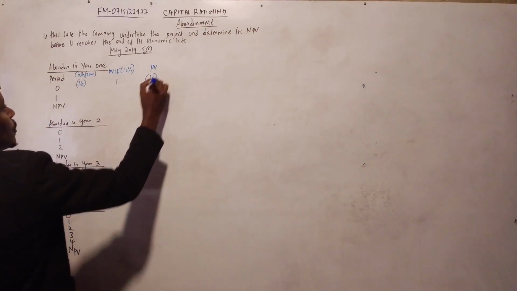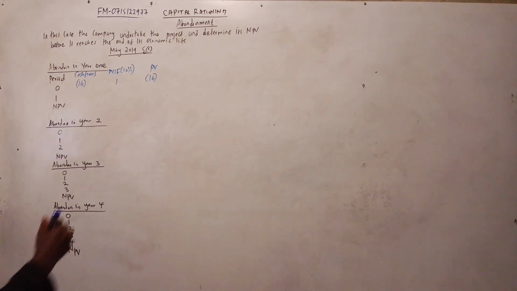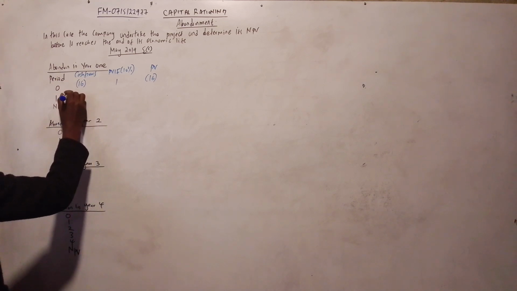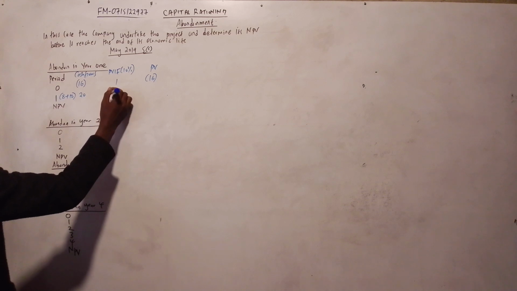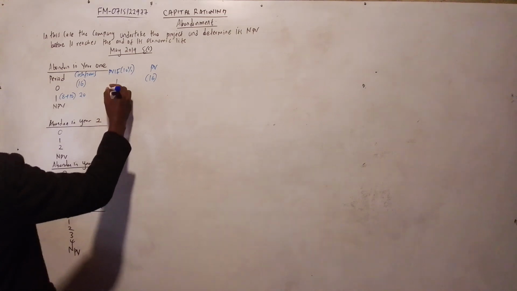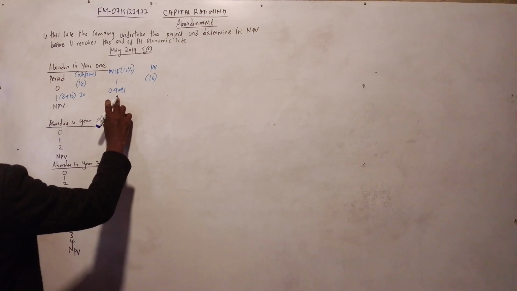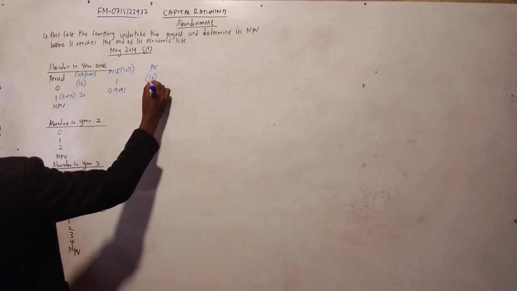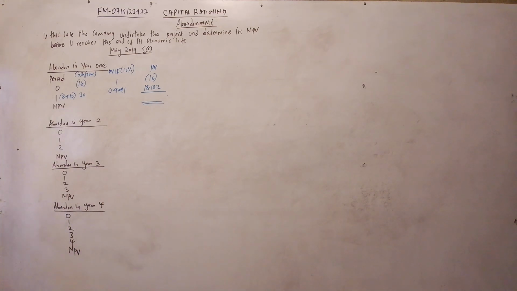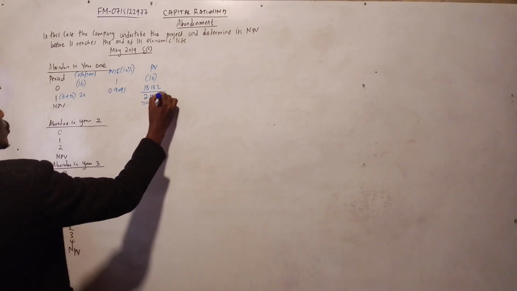Year 1 is 8 and 12, so 8 plus 12, which is 20. We multiply with the present value factor from the table, 0.9091. So 20 times 0.9091 gives 18.182. So the NPV, taking minus 16 plus this one, is 2.182. So that's the NPV if we abandon the project in year 1.